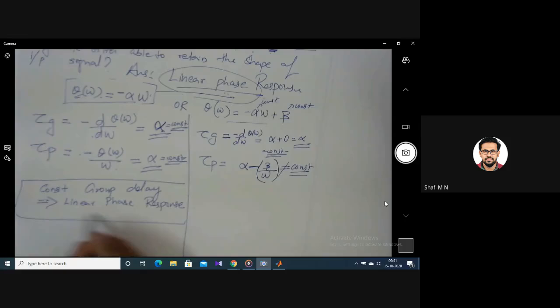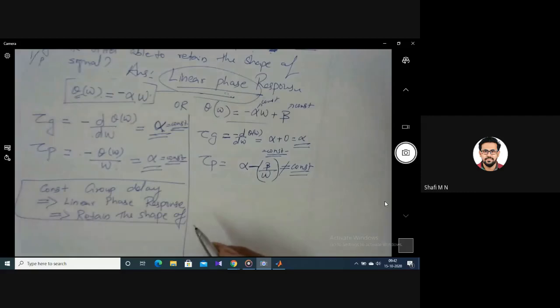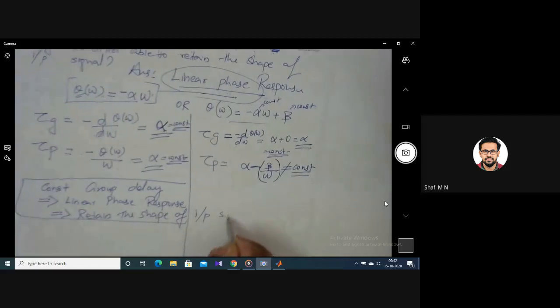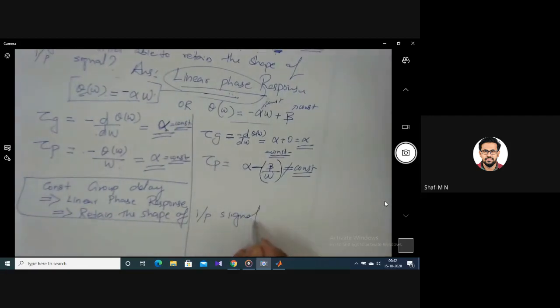And this is the necessary condition to retain the shape, which implies it will retain the shape of... whose shape? Don't just memorize it as 'retain the shape'. Let's understand it correctly now. The shape of the input signal. It is a filter, filtering a signal.